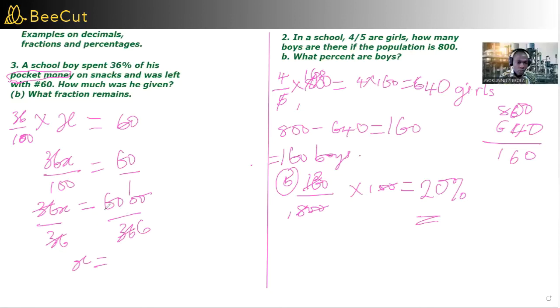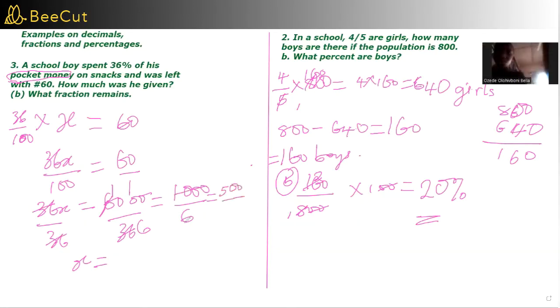Then how many 6? That is 1, so that is 1,000 over 6. And if I cut it away, 2 here is 500, and 2 here is 3. That is 500 over 3, which I will have to reduce. How many 3 is 5? It's 1. The 2.